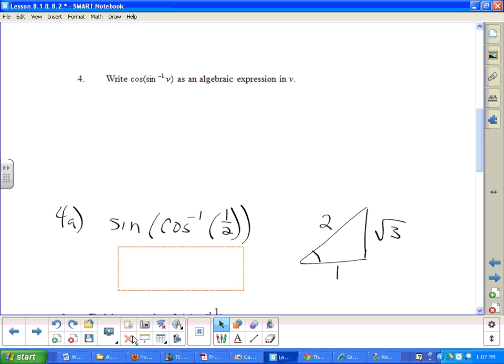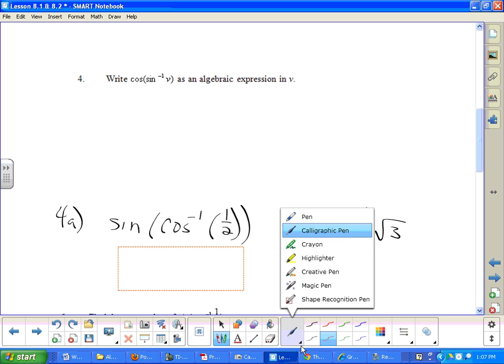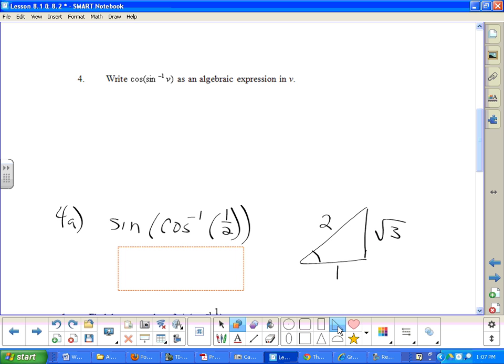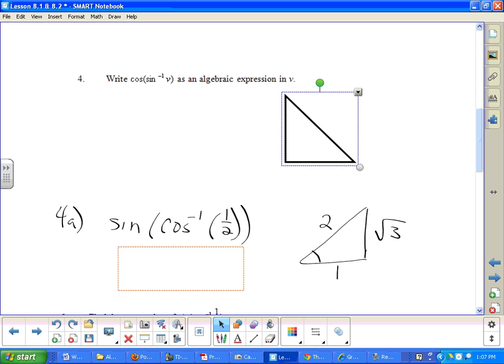Here's what we have to do: we can actually find this out because we have the ability to make a right triangle. So here's my angle theta, wherever I want it to be.